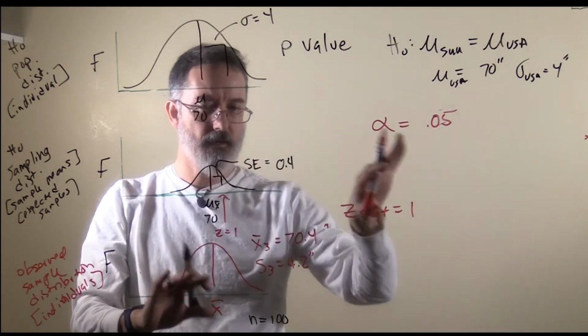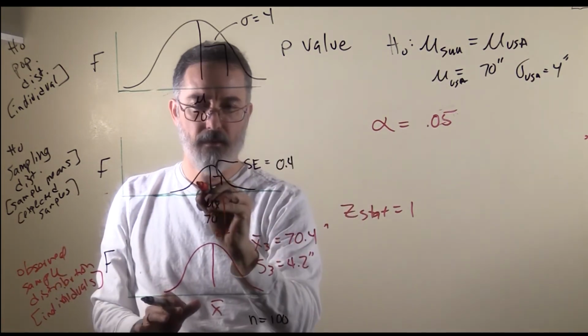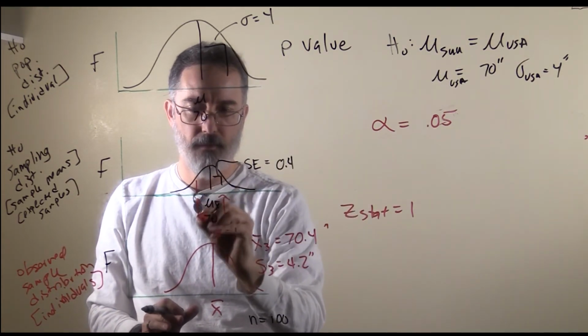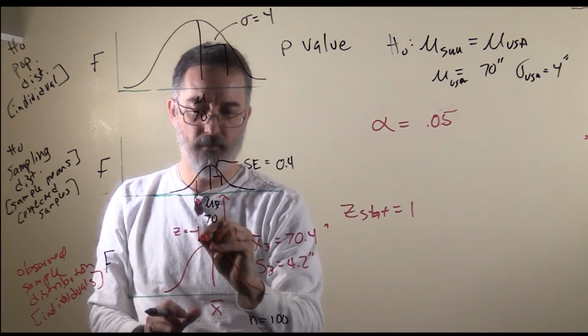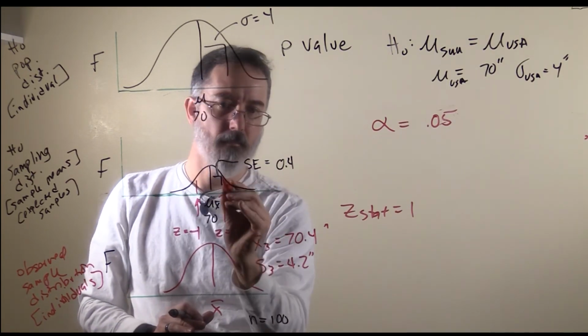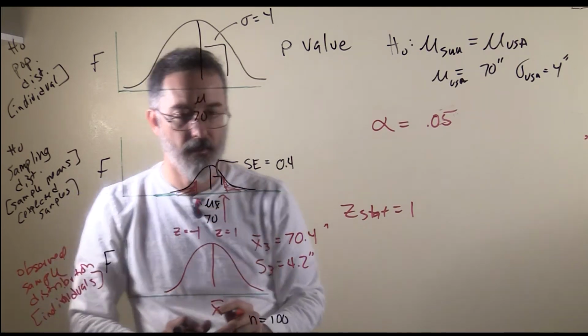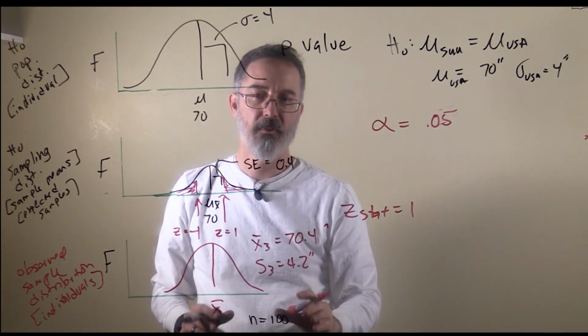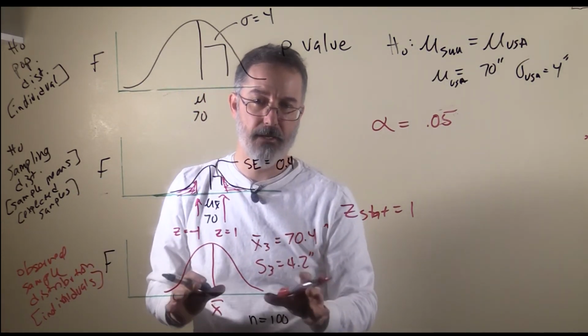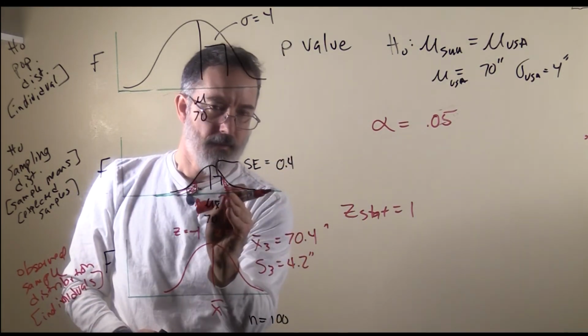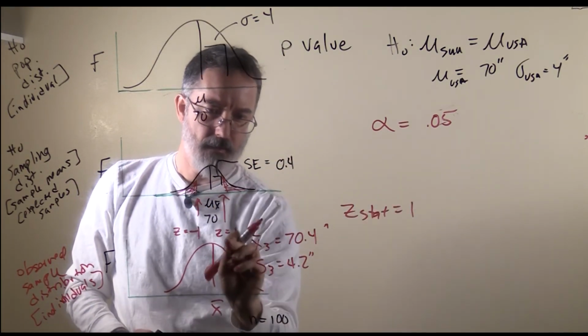And we're interested in samples that are really tall or really short on either side. So we're also going to be interested in z equals -1. And we want the area more extreme than those z-scores. So we need to look up on the z table what the area is beyond z equals 1.